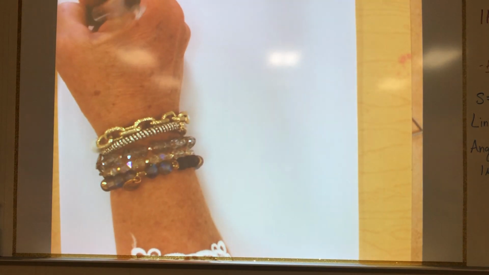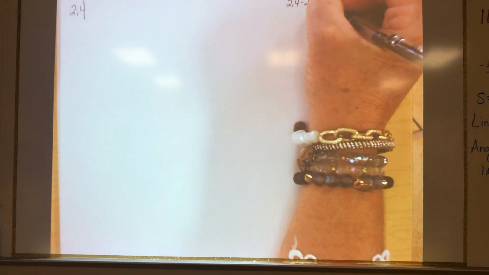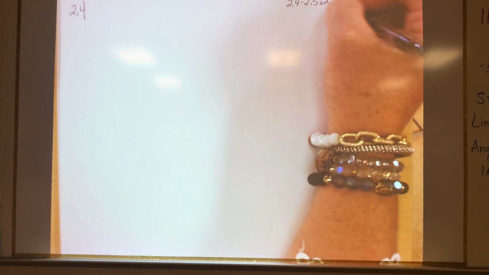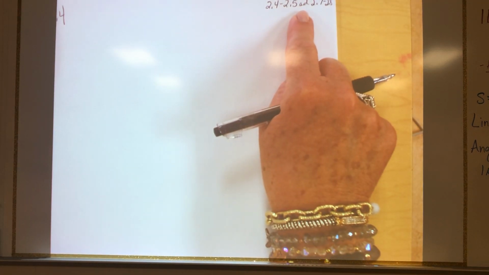Okay, so let's start on 2.4. Y'all listen. Your next test is going to be over 2.4 through 2.5 and 2.7 through 2.8. What did I do? I skipped 2.6. So here's what's going to happen. I'm going to pull 2.6 out of here.